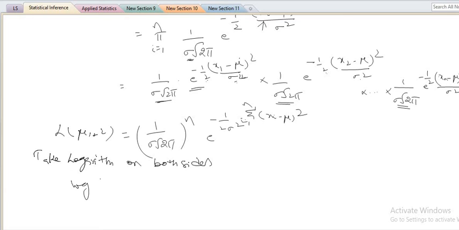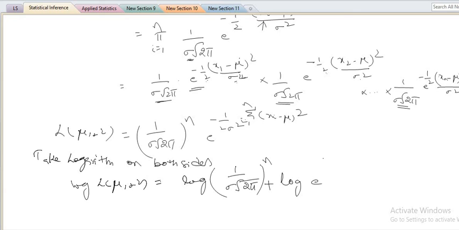That is, log of L of mu comma sigma square equals log of (1 by sigma root 2 pi) whole power n, so plus log of... log AB is log A plus log B. I am expanding directly. So log A, plus again the log of the exponential, 1 by 2 sigma square summation i equals 1 to n of (xi minus mu) whole square.